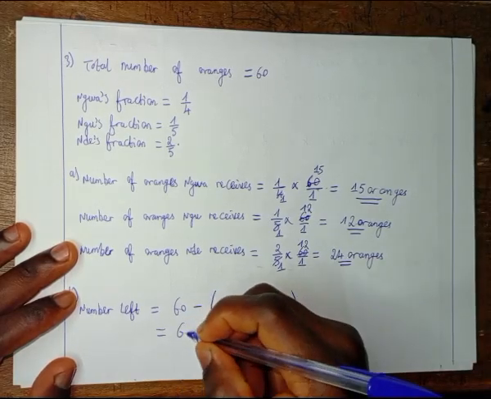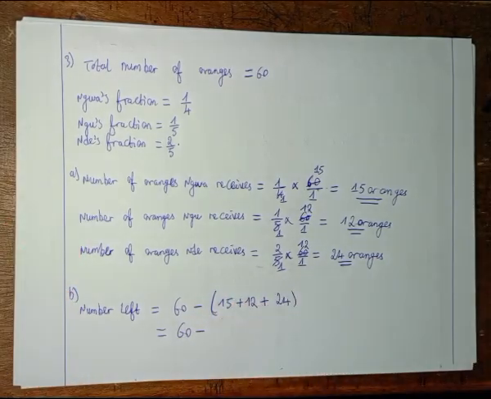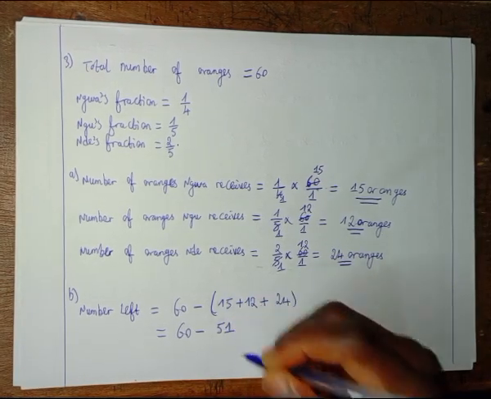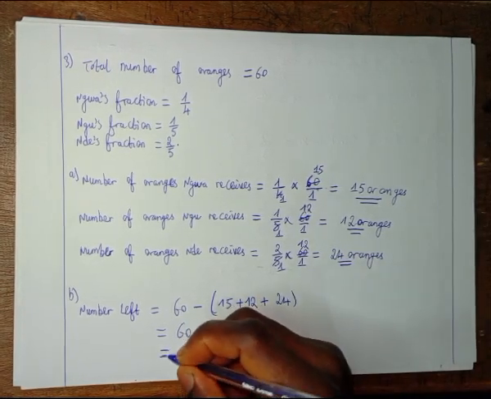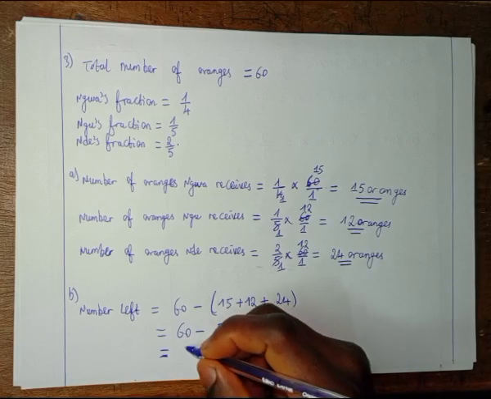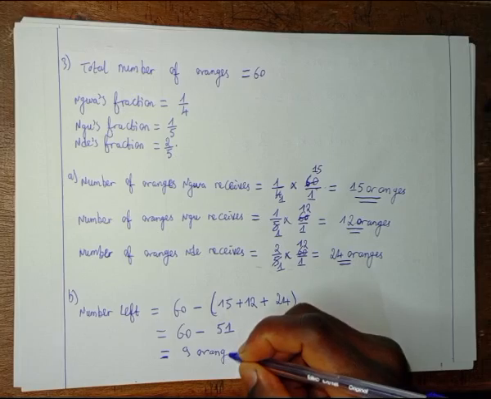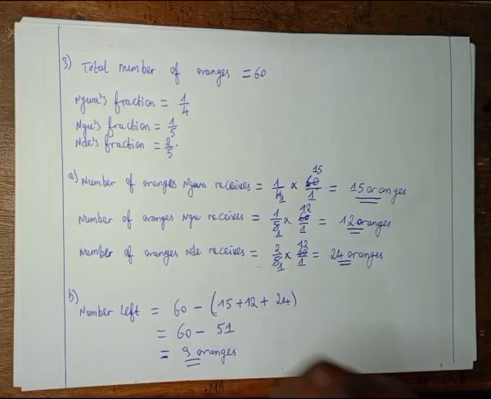This will give us 60 minus, we need to eliminate this bracket by adding those numbers. We take 15 plus 12 gives us 27. 27 plus 24 gives us 51. So this will simply be equal to 60 minus 51, which gives us 9. So the number of oranges left will simply be 9 oranges.